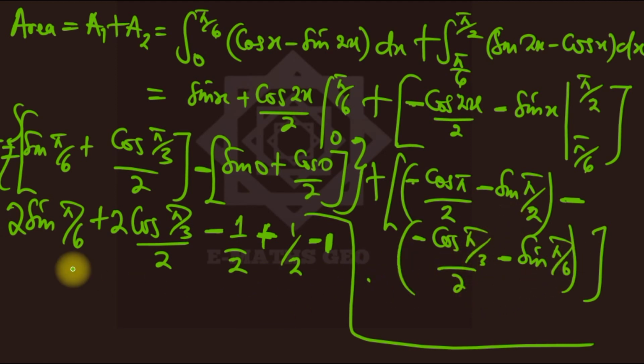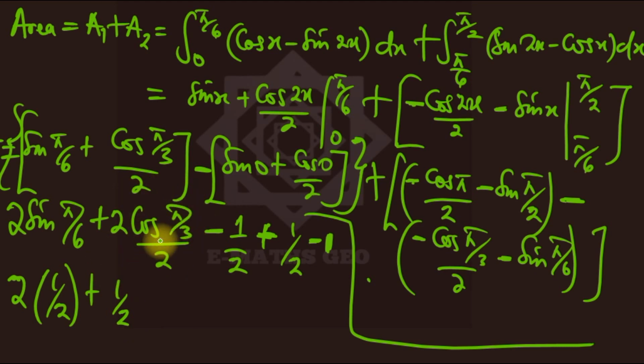So, okay. So we have 2, this gone, so they are gone. So we have 2 sine 30 is half, plus this cos 60 is half, so we have half.